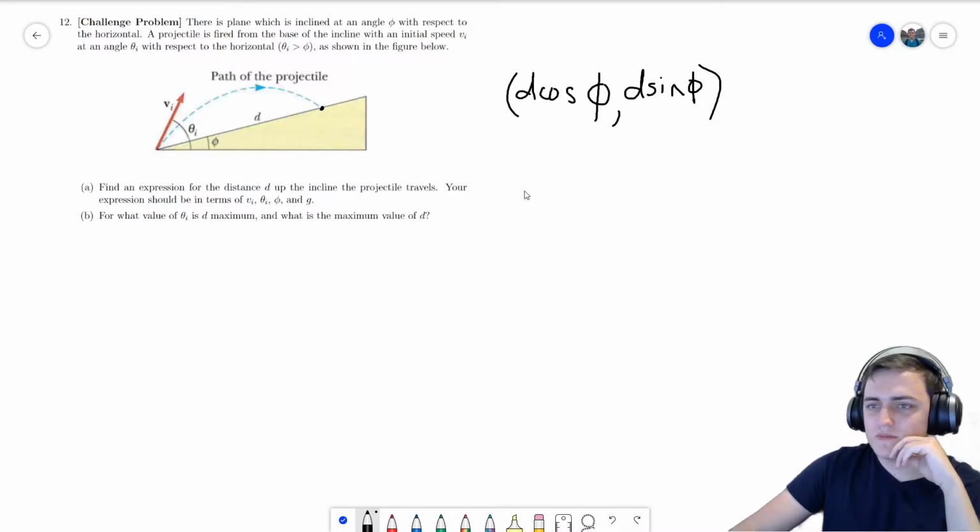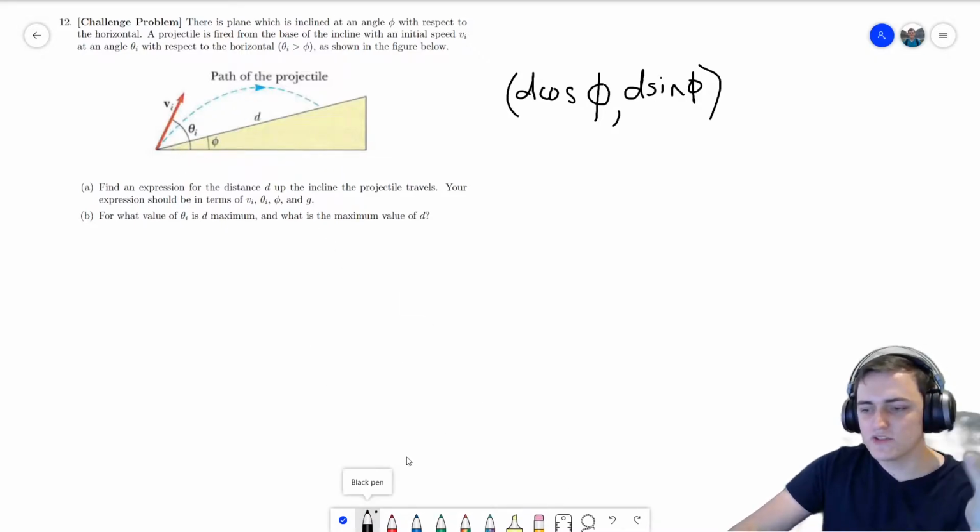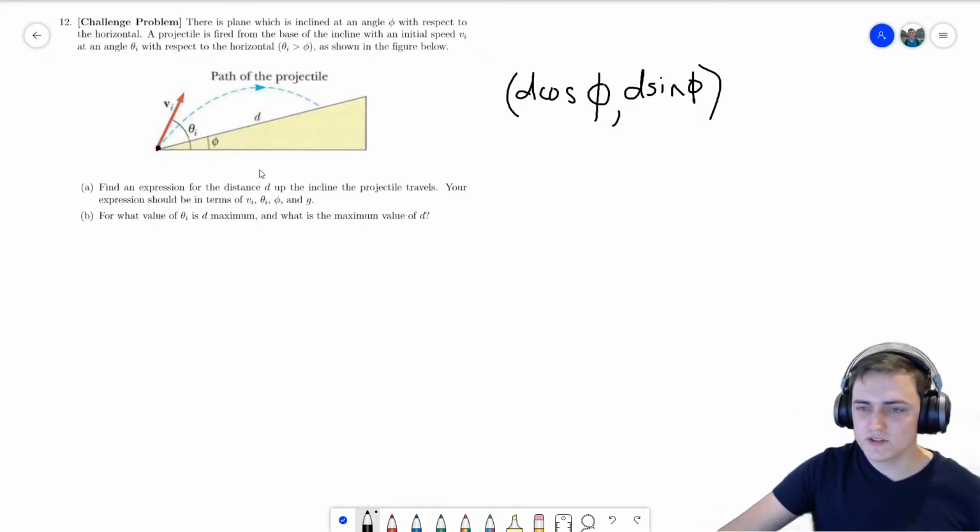This just comes from this triangle here. d is the hypotenuse, and phi is that angle. So here we have an expression for the final position. And of course, we are assuming the origin to be where the object starts.